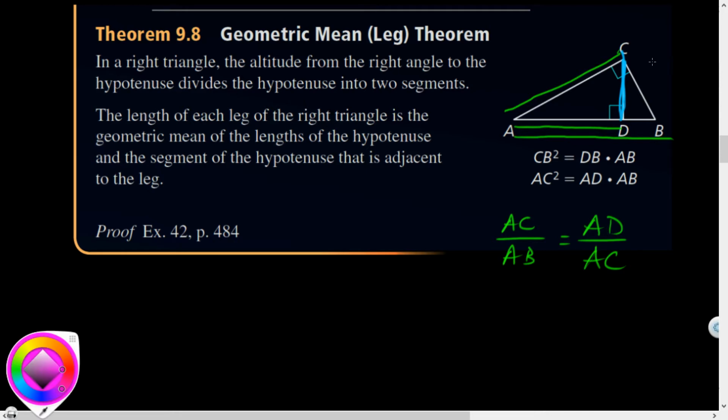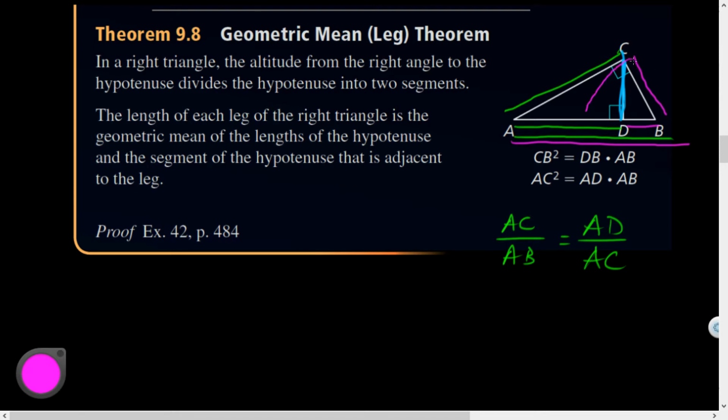Let's see if it made sense for this other one. So that means CB is going to be the geometric mean of the hypotenuse and its adjacent leg, which would just be this piece. And notice if I was to swing this down, it's going to land somewhere in between there. It's not the midpoint.